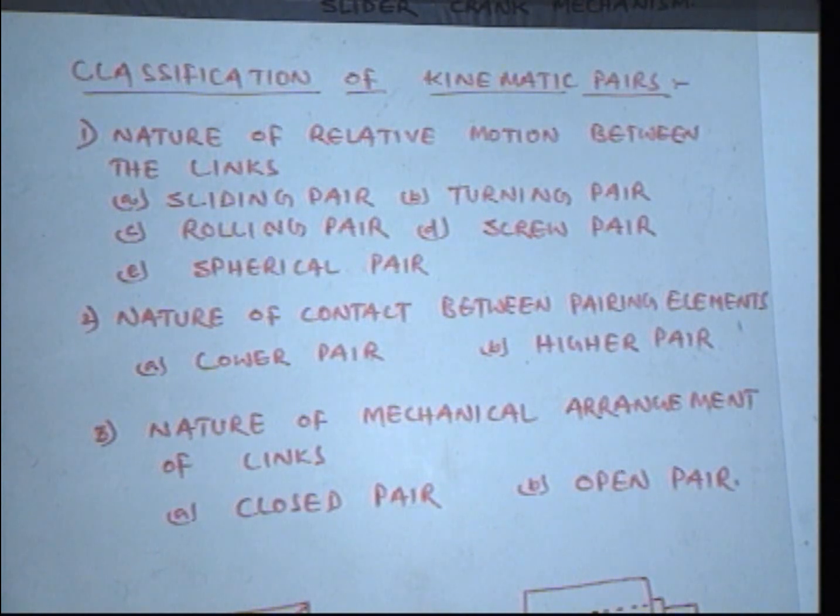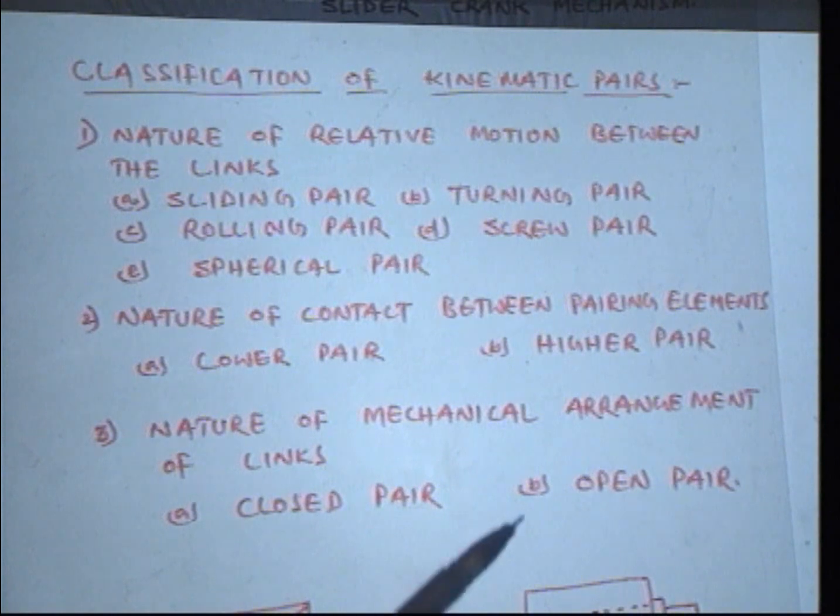Ball and roller bearings, cam and follower, and all screw pairs stand as examples for closed pair. The open pair. Elements of a pair that are not held together mechanically are unclosed or open pairs.